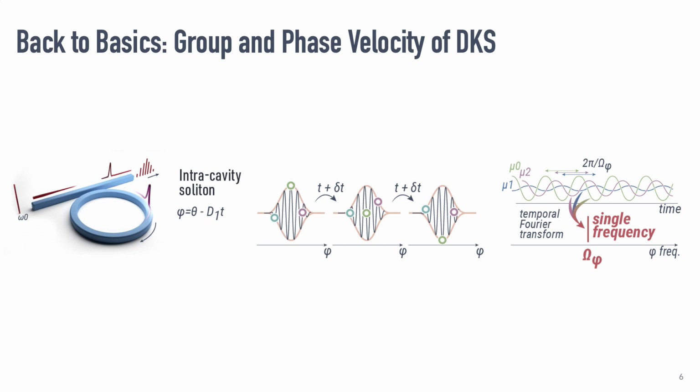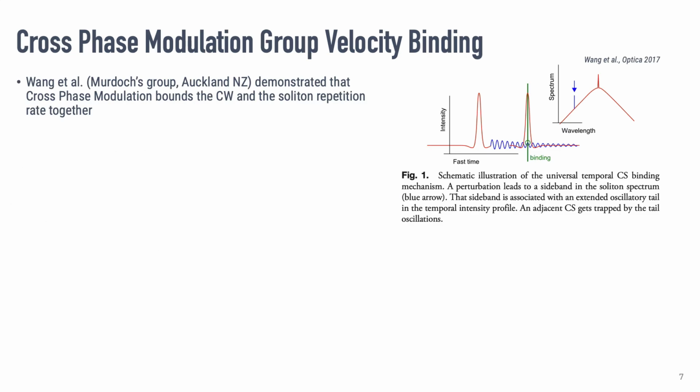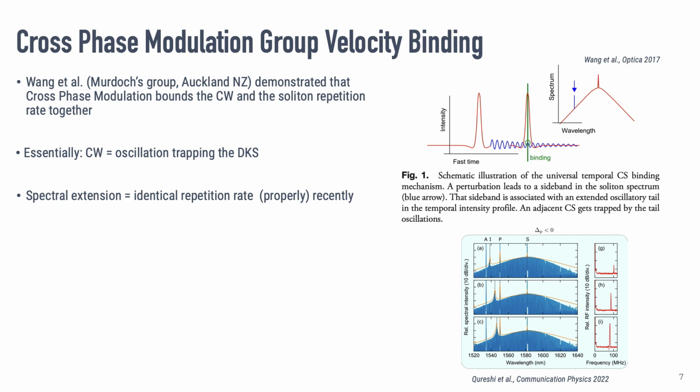Just trust our collaborator, Cornelis Menuik, who came up with all this. He's a theorist. So now we assume that a single soliton in the cavity is actually a single frequency. When you inject another laser, you get a binding of the group velocity with the soliton. That's very nice work shown by Stuart Murdoch in New Zealand, where what you send externally as a CW wave grips the tail of the soliton and essentially becomes a dispersive wave.